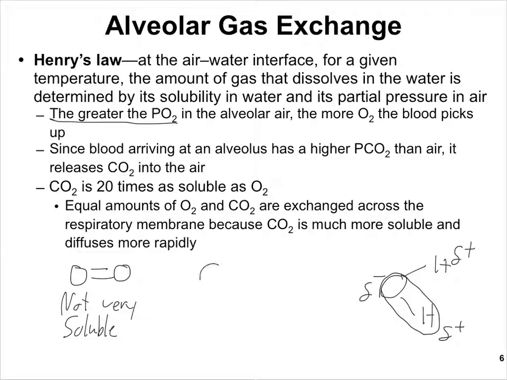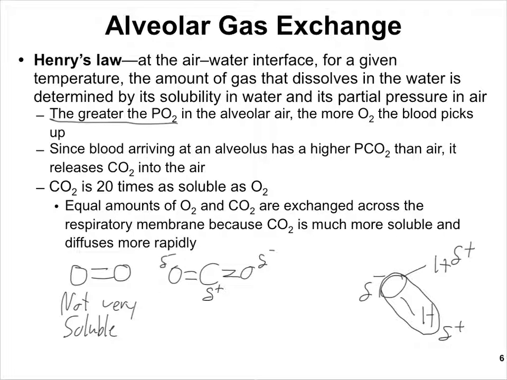If we take a look at CO2, well, this carbon-oxygen bond here, that is a polar bond. This oxygen is going to be partially negative. This oxygen over here is going to be partially negative. This carbon here is going to be partially positive. Now, how polar is it? Well, it could be more polar.